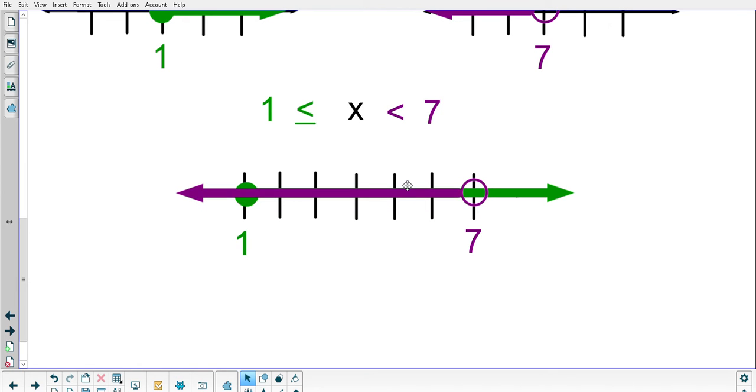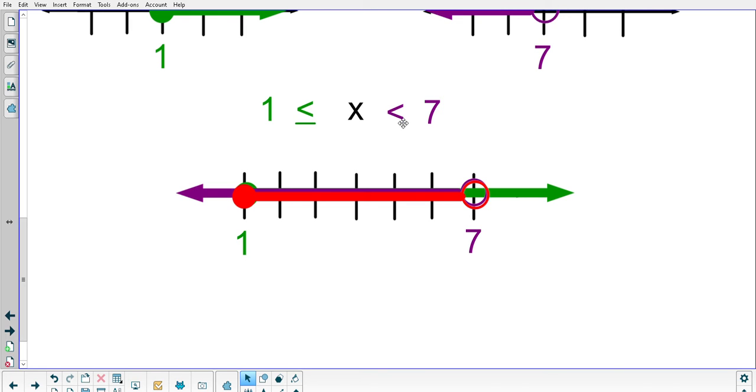Now remember, at the beginning I said if it's "and," it's the overlapping of these two. So the only part that would make this true in both cases would be the point starting at 1 and including 1 all the way up to 7, but not including 7.